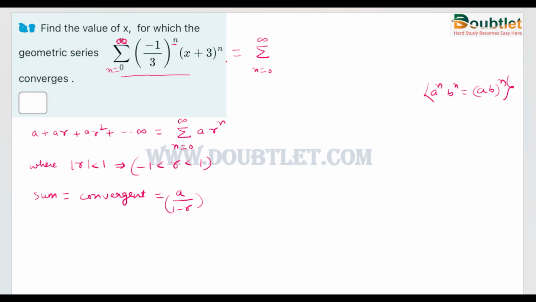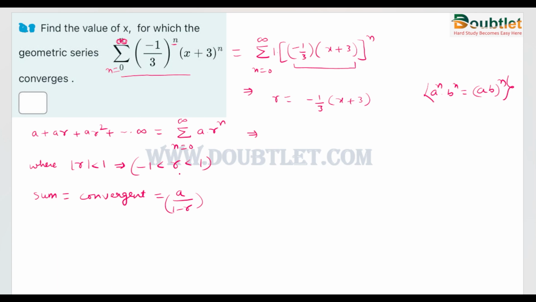So we multiply the bracket terms: -1 divided by 3 multiplied by x plus 3, to the power n. Here this is the common ratio, and if we multiply 1 to this, it becomes the value of a. So by comparing the original series with this formula series, we can write r is equal to -1 divided by 3 times (x plus 3).